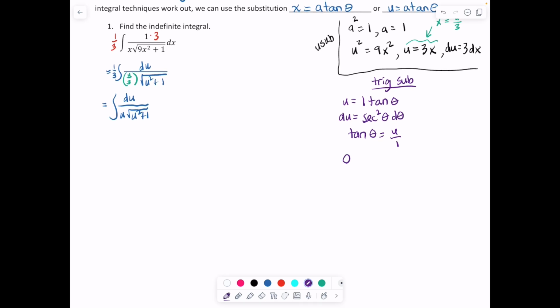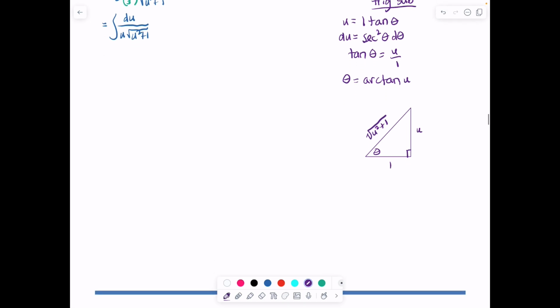And then just in case we need theta alone, theta is going to be the arc tangent of u. Cool so far? Now, making our triangle, we'll have theta, and then tangent theta is u, side opposite, over 1, side adjacent, and then we'll have the square root of u squared plus 1 squared, which is u squared plus 1 under that radical.